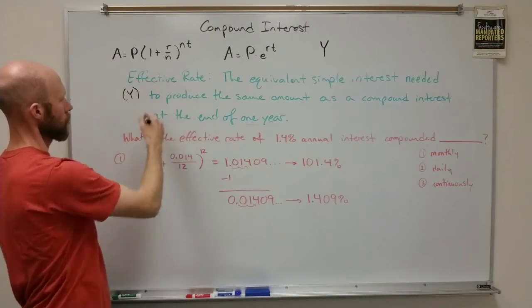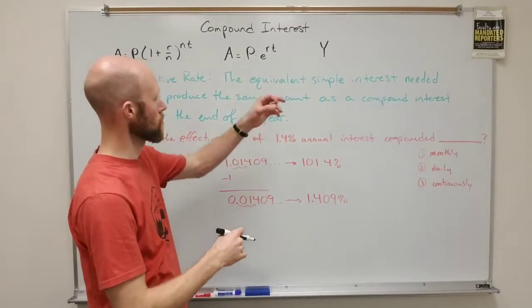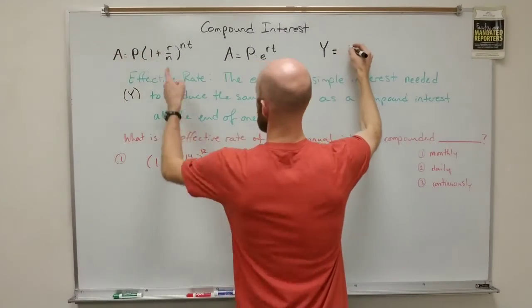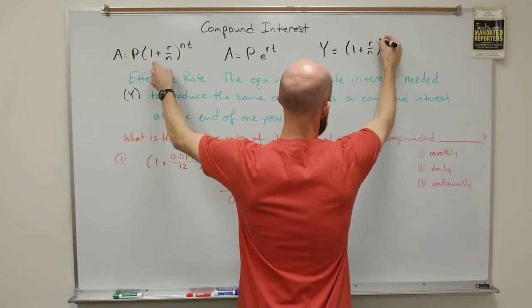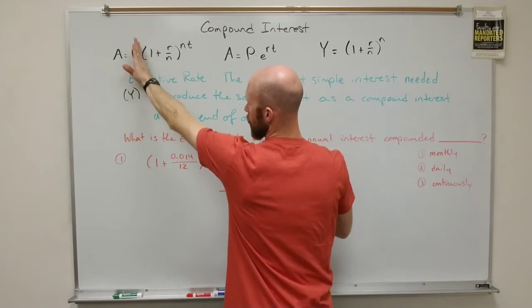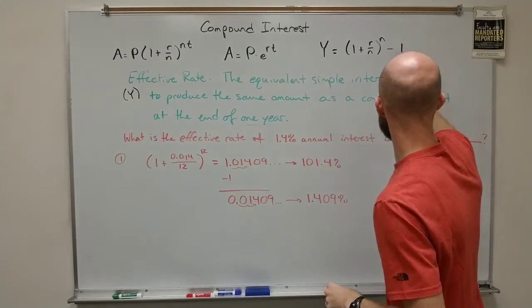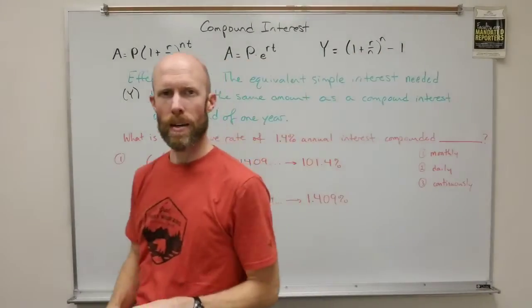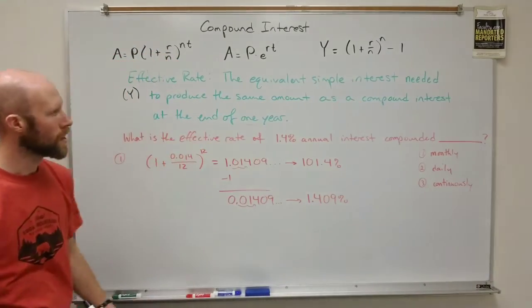The effective rate, effective yield, annual yield, those are all interchangeable terms. It's going to be equal to 1 plus r over n, to the n power. So it's this whole thing without the p and with 1 in for t, and then you subtract off 1 after the fact.